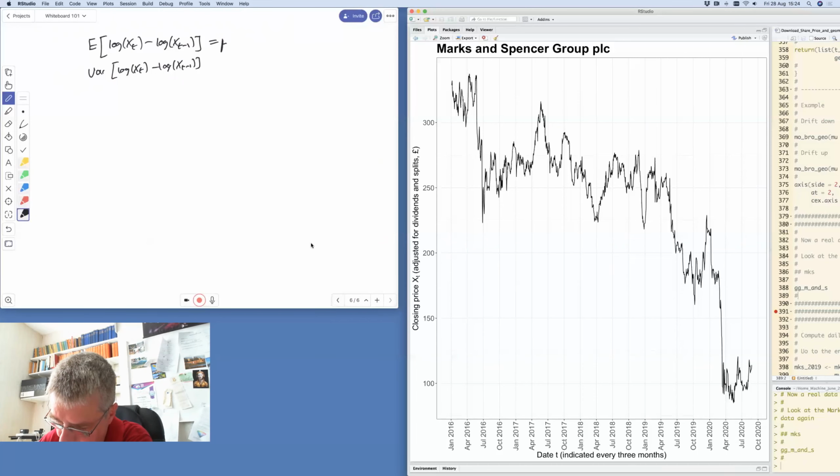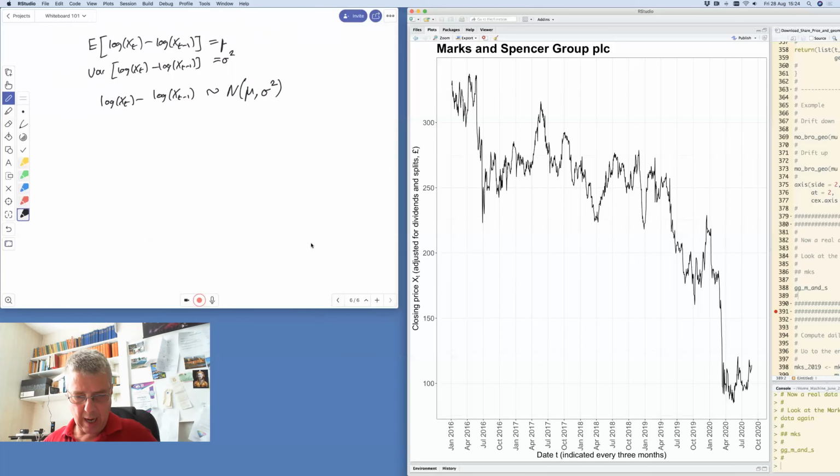And in fact, it's not hard to demonstrate that log xt minus log xt minus 1 is in fact normally distributed with mean mu and variance sigma squared.